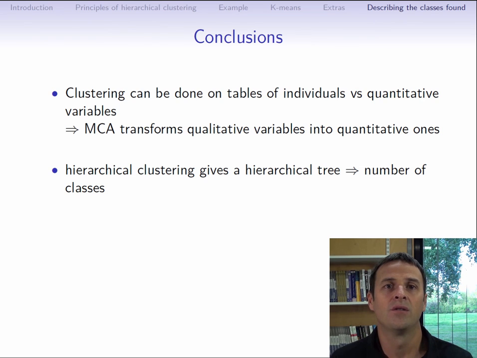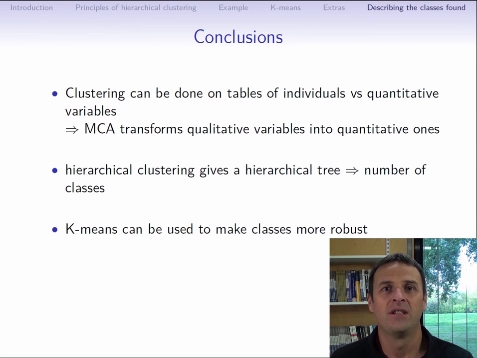Hierarchical clustering also gives us an idea of the number of classes there are in the data. Another strategy to build classes is to use partitioning methods like k-means to support the conclusions obtained from the hierarchical tree or to improve the class assignation. This can lead to more stable classes, but also to a loss of the hierarchical information from the tree.